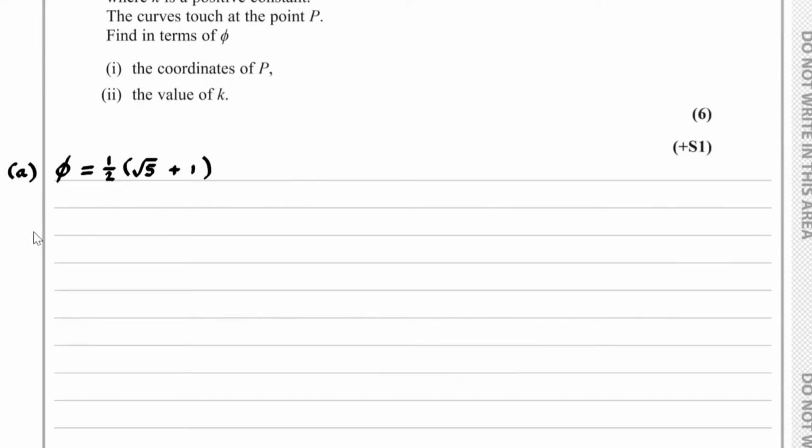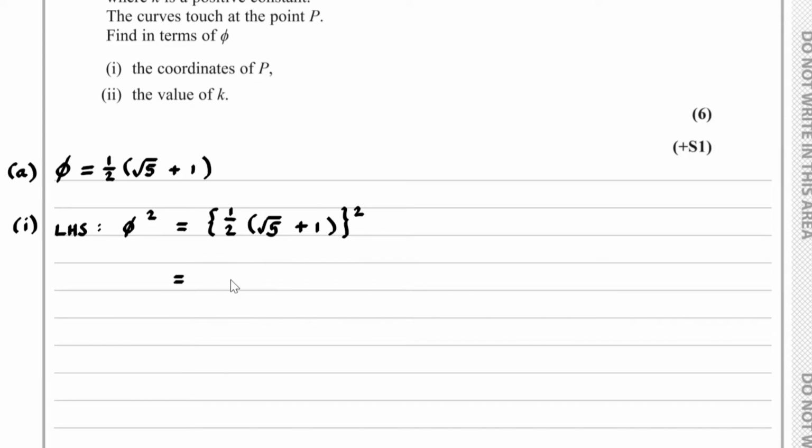So for part A, given what phi is, phi squared on the left hand side will equal 1/2 times square root 5 plus 1, squared.